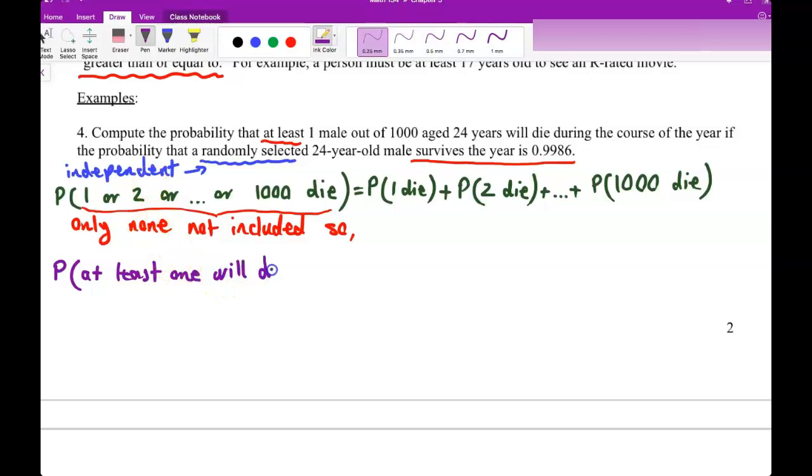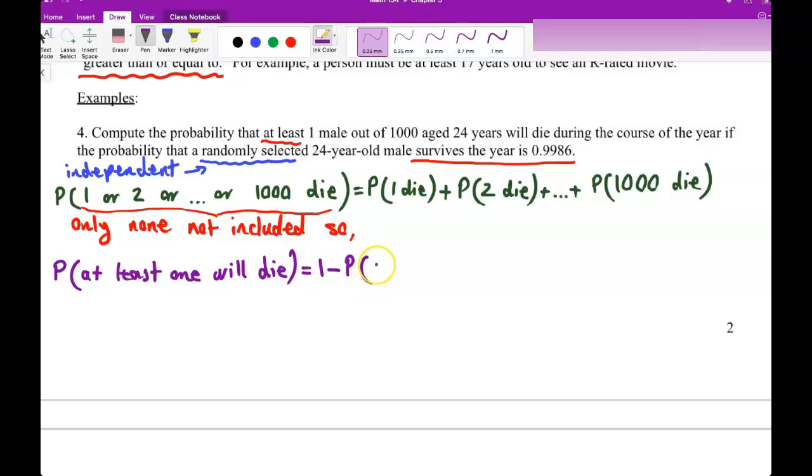That is equal to 1 minus. You should subtract whenever you have at least: subtract the probability from 1. So at least 1 will die.